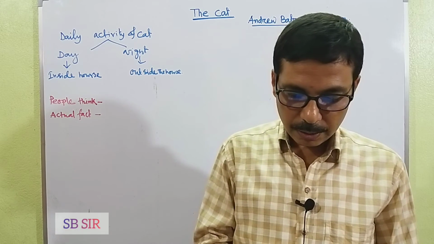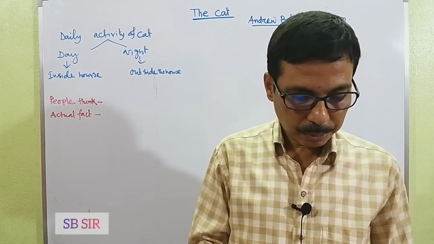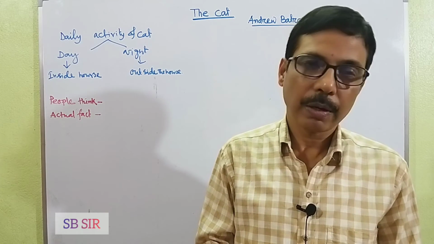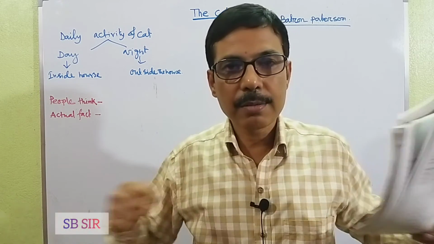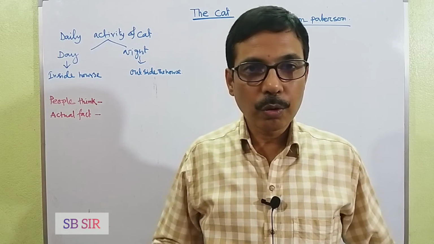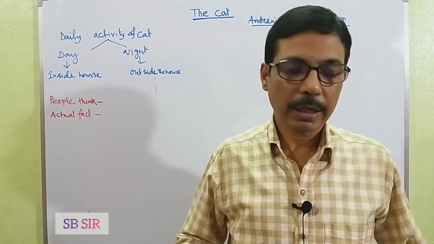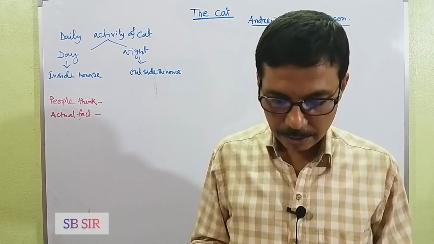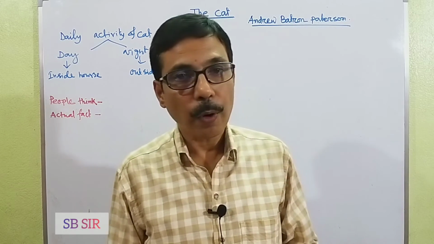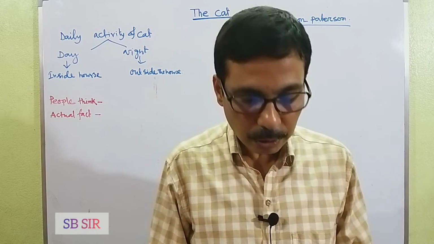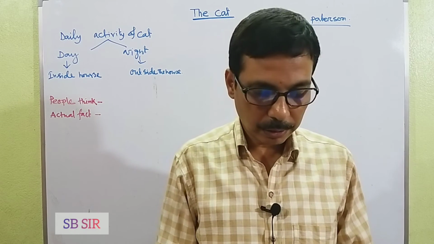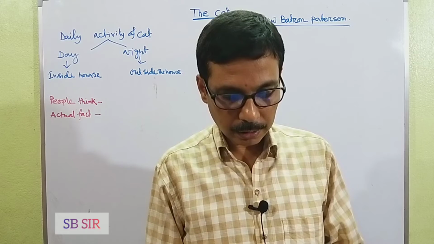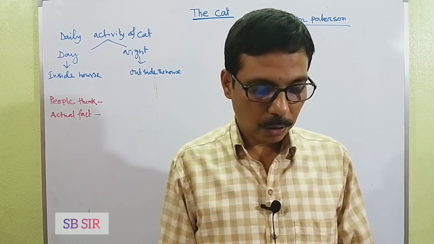He stretches himself a few times to see if every muscle is in full working order. Like us, he stretches his muscles to look if every muscle is in full working order. Then drooping his head, drooping means bending his head nearly to his front paws, you can see the gesture in the picture, he sends across a call to his kindred.